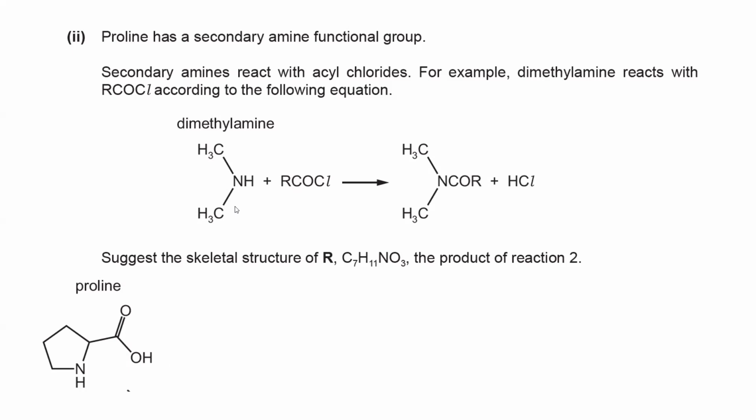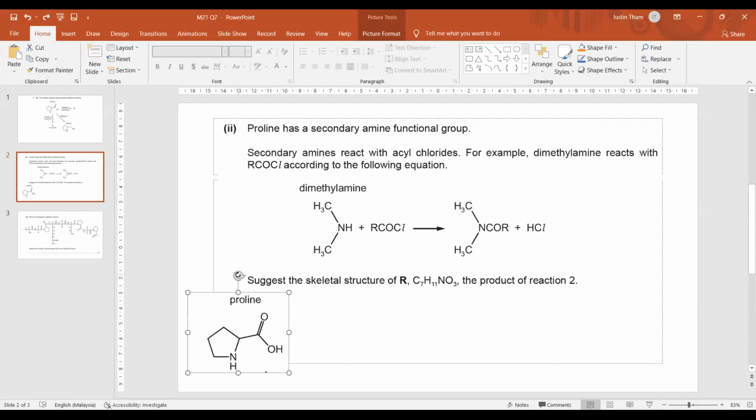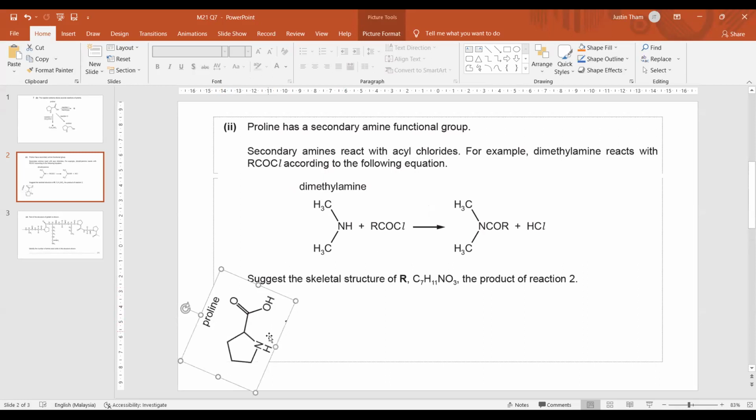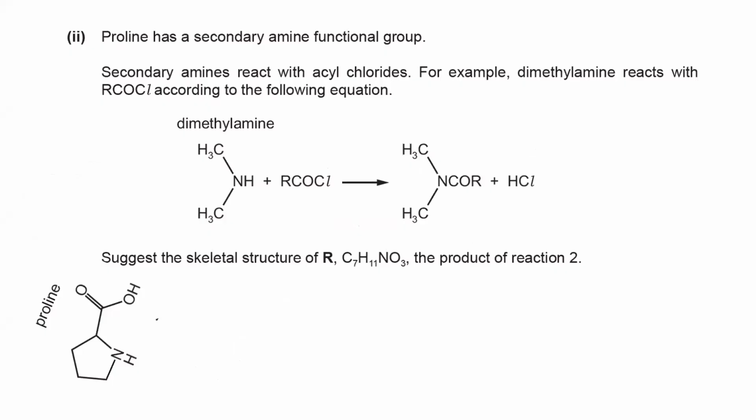So I'll just rotate this structure to make it look like this format. You can see that NH, the H is on the right hand side of N. Now, of course, the letters are also rotated, so I'll recopy this structure.